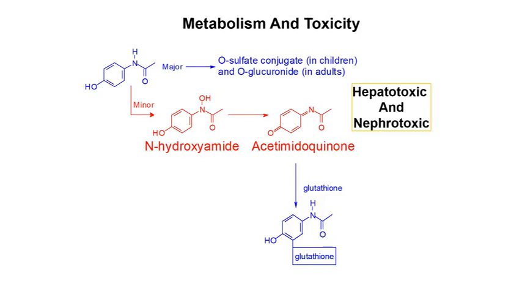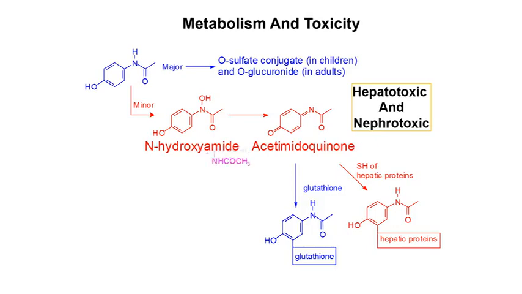But when patients continuously administer paracetamol in excessive doses, there is a depletion of glutathione, and the only pathway available is that this acetimidoquinone will interact with the SH groups of hepatic proteins, causing covalent interaction with the hepatic proteins and their necrosis.